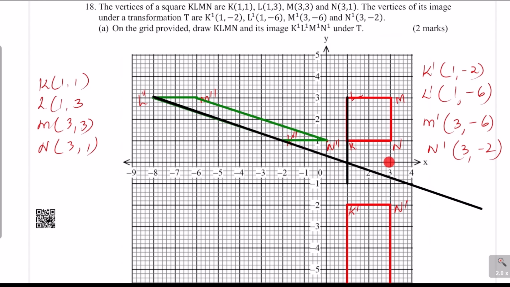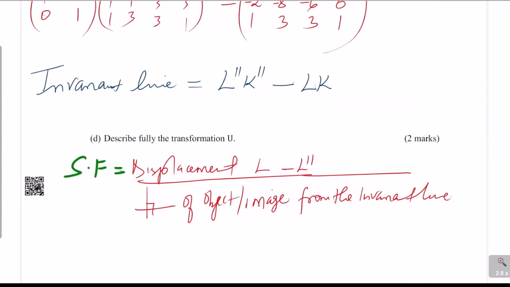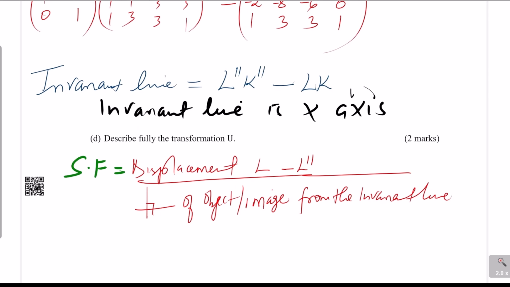So the invariant line here is the x-axis. These points are shifting parallel to the invariant line. Look at M and look at M prime. They're shifting parallel to the invariant line. So the invariant line is where these two lines are meeting. In this case, the invariant line is the x-axis.